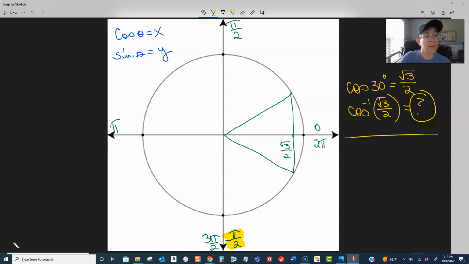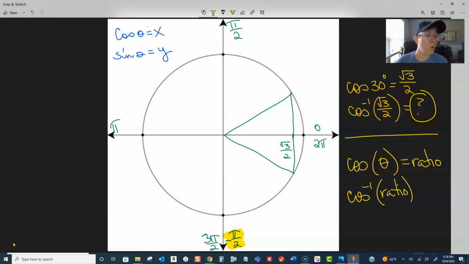So think of it this way. If we do cosine of an angle, it's going to give us a ratio. But if we take the cosine inverse of that ratio, we need to get only one unique angle.